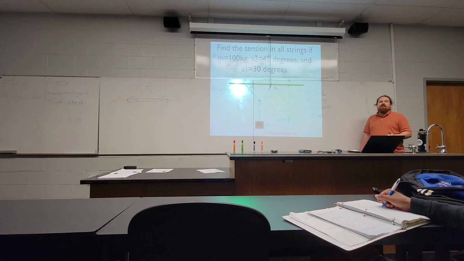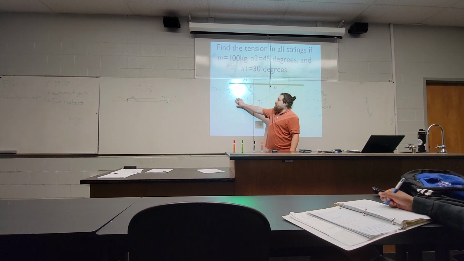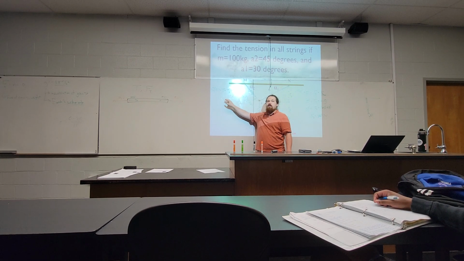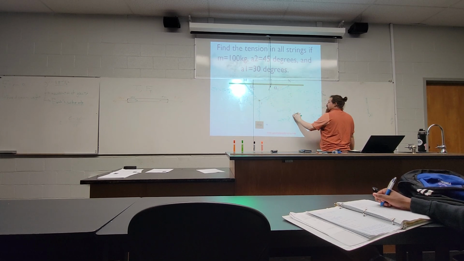Our goal is to just try to divide up the unknown hypotenuse into its two components so that we can actually proceed with net force calculations within the two separate axes. And so this would tell us that T1y is the unknown T1 times sine of 30, and T1x would be the unknown T1 times the cosine of 30.